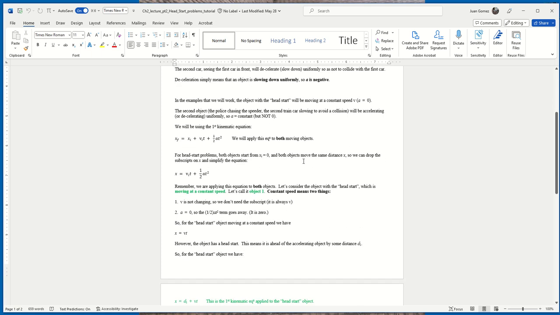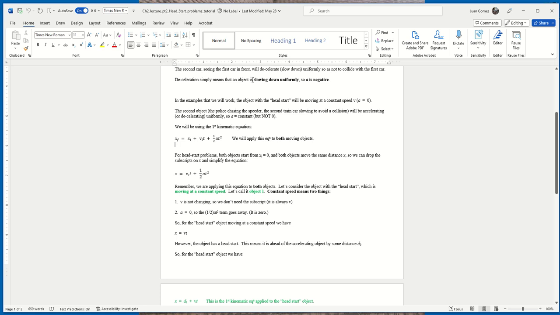Well, what we're going to do is take kinematic equation one, which I've written here, and apply that equation to both of the objects. Let's call them object one and object two. You can call them A and B, one and two, E and F. It doesn't matter. I just call them one and two to make things simple.